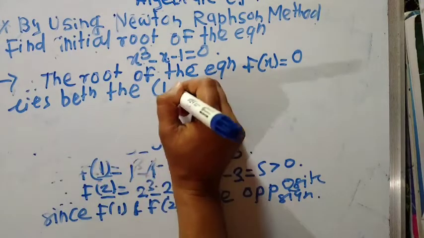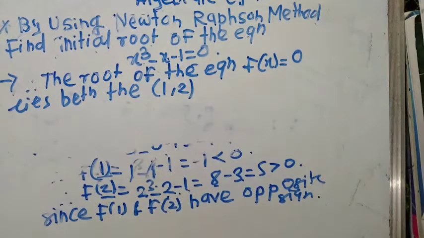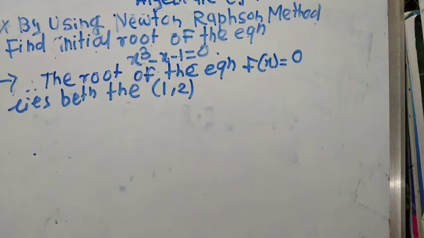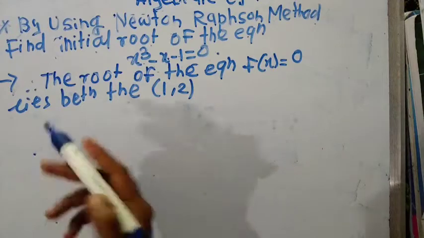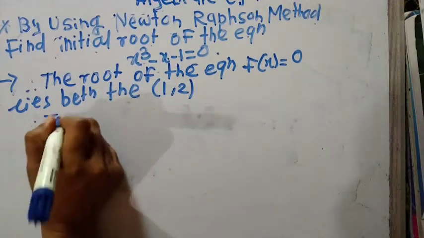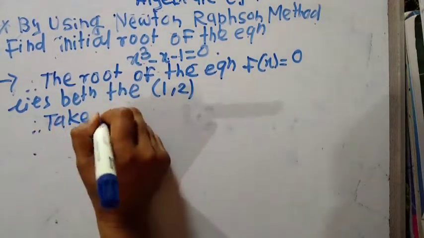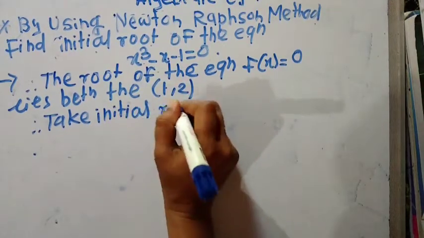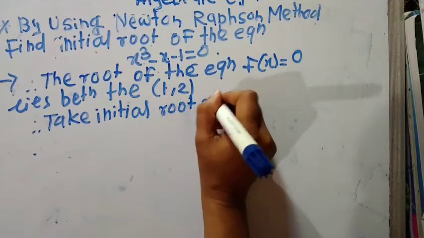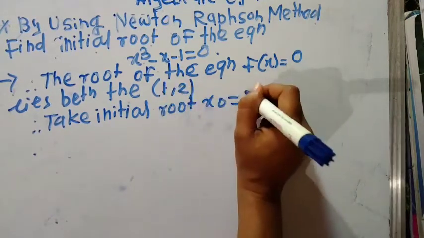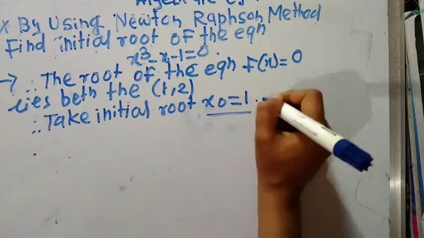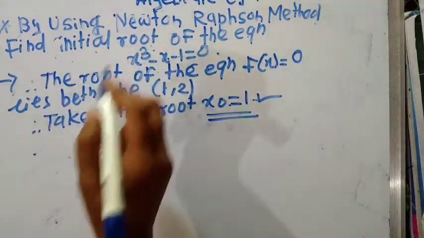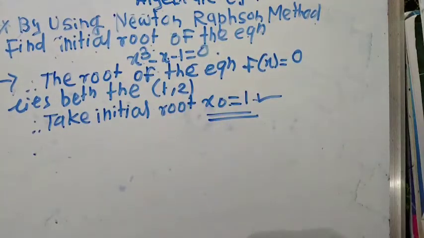So here initial root means initial value. So take initial value 1. So initial root x0 is equal to 1 is the initial root by Newton-Raphson method.